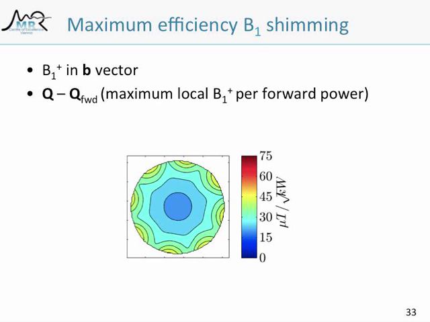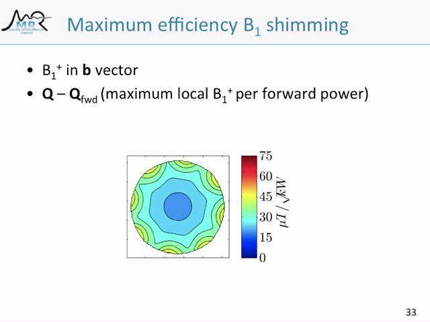You just take B1 plus instead of B1 minus, and for that 8-channel coil array, we see, okay, in the center, I get something like 20-something microtesla per square root of kilowatt, and that's forward power that goes out from the amplifier. In the periphery, I can get something like 40 microtesla per square root of kilowatt.